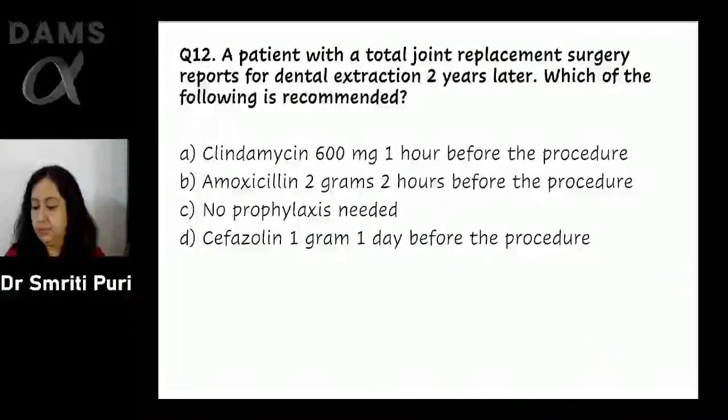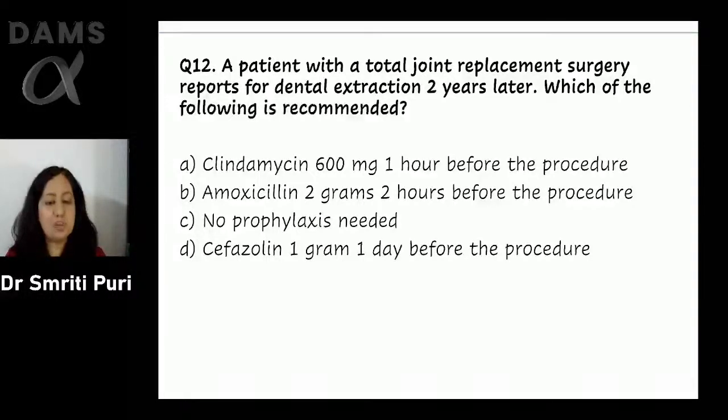Now, coming to question number 12. A patient with a total joint replacement surgery reports for dental extraction 2 years later. Which of the following is recommended? A. Clindamycin 600 mg 1 hour before the procedure. B. Amoxicillin 2 grams 2 hours before the procedure.